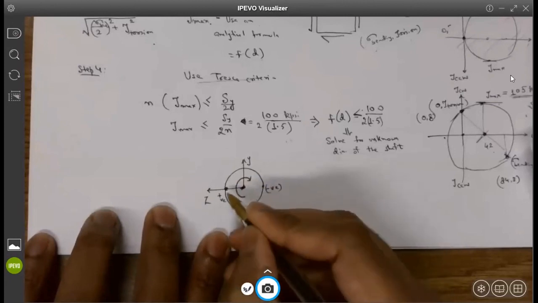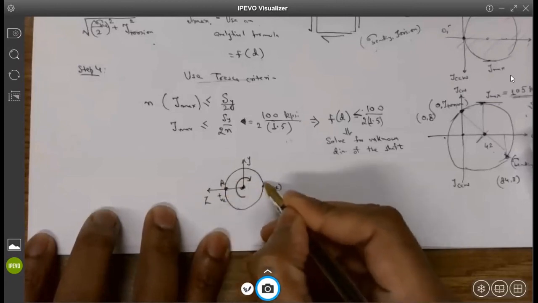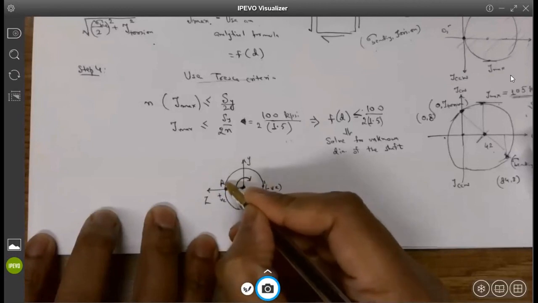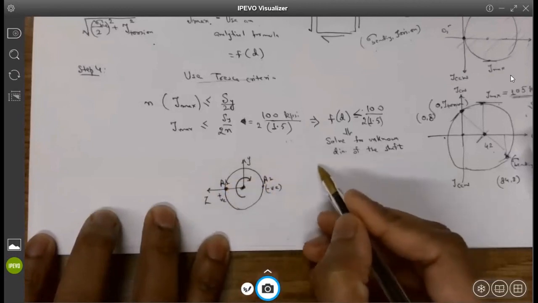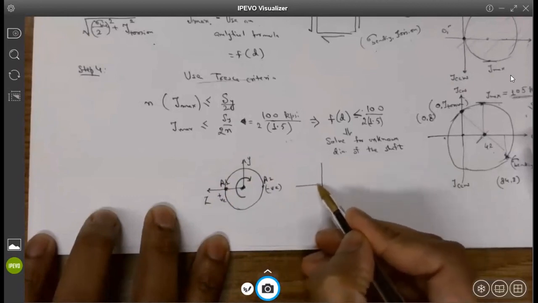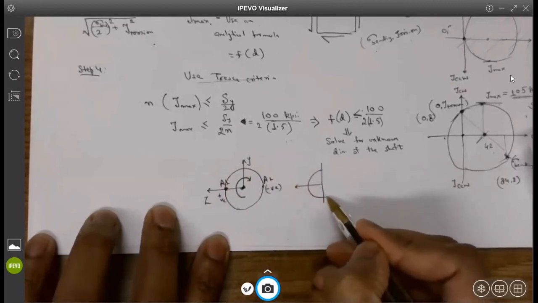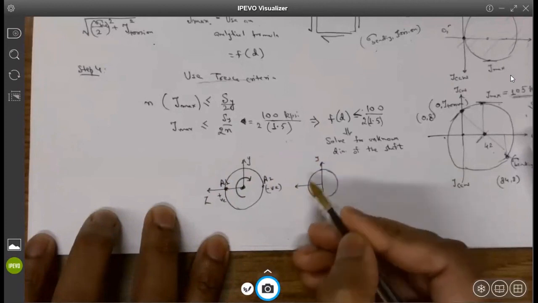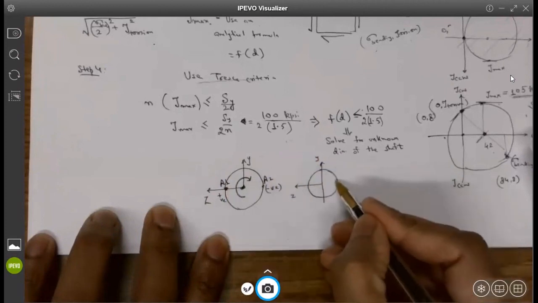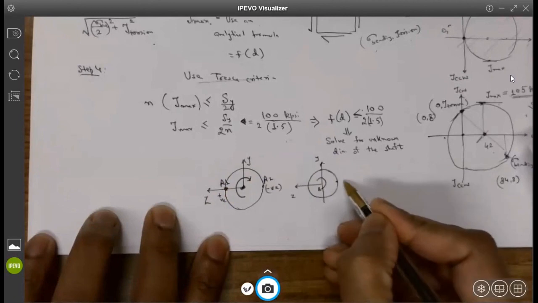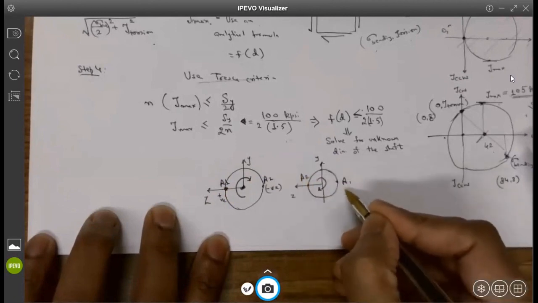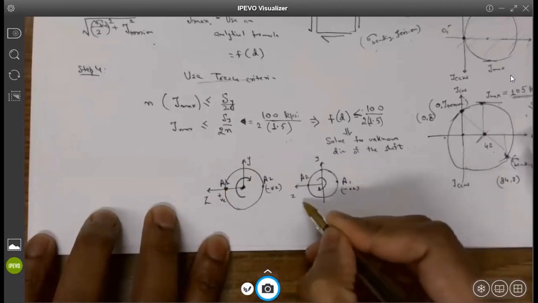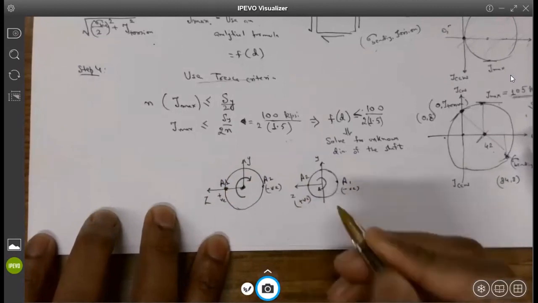It is not stationary. So if I say that this is point A1 and this is point A2, after half a revolution, A1 would reach this location and A2 will reach this location. So A1 now will experience negative stresses and A2 will experience positive stresses.